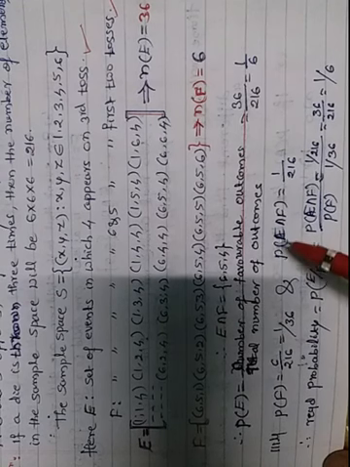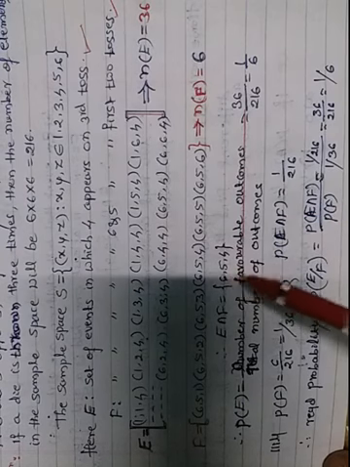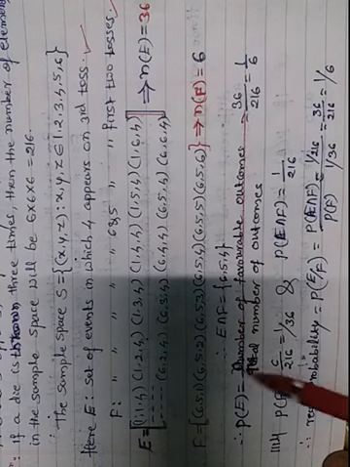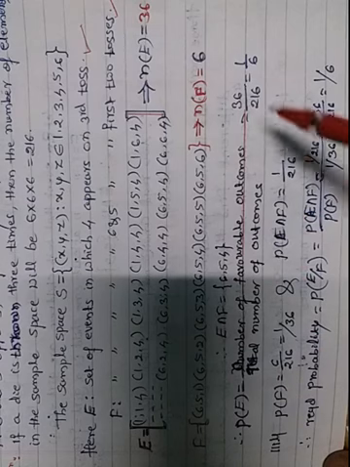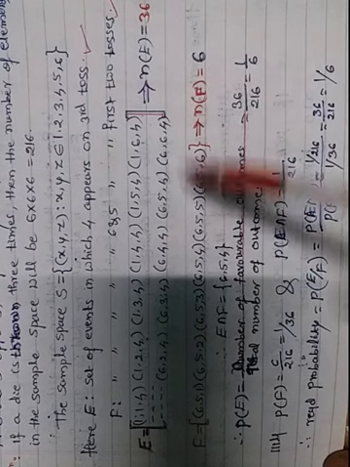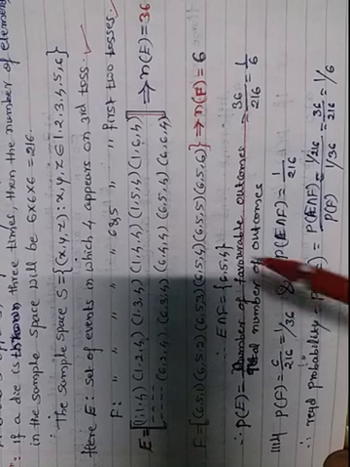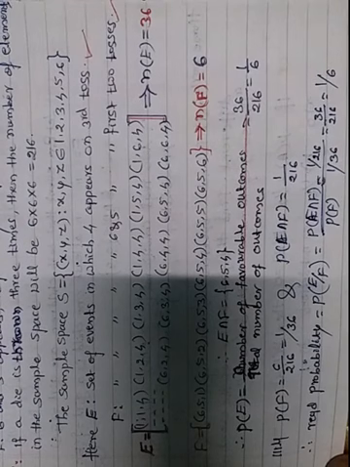Hence, the probability of E intersection F is, only one favorable event is there, so I have kept 1 as the numerator divided by 216 as the denominator. I have found all together the probabilities of the events E, F and E intersection F. Very, very important question, 5 marks.